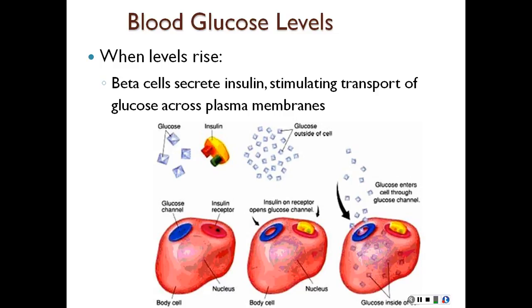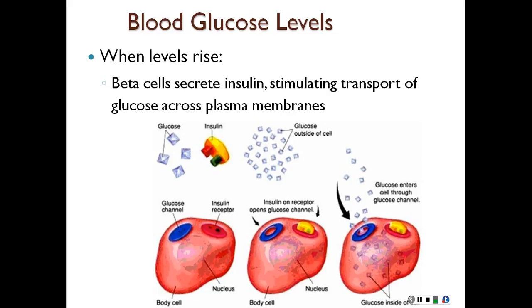Once glucose goes into the body cells, it's no longer in the blood. The problem is when glucose elevates in the blood. You want glucose to go to the cells because the cells are going to use it for energy, so that excess glucose is pulled into the body cells.